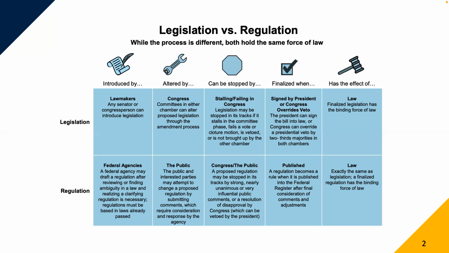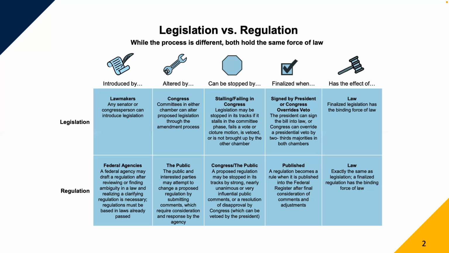All right. There is a different way that laws get made, and this is through regulatory procedures. So this is a little bit different. Regulations are made by federal agencies at the federal level, and there are also state level ones as well.